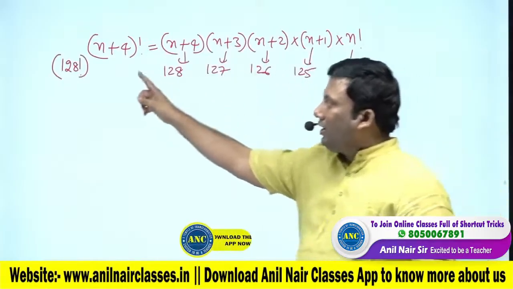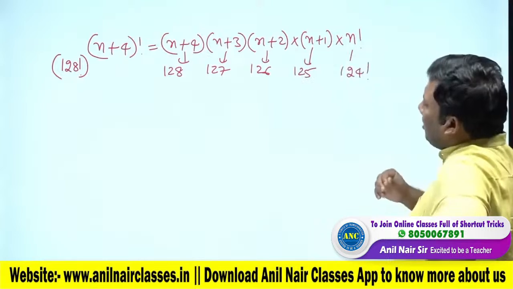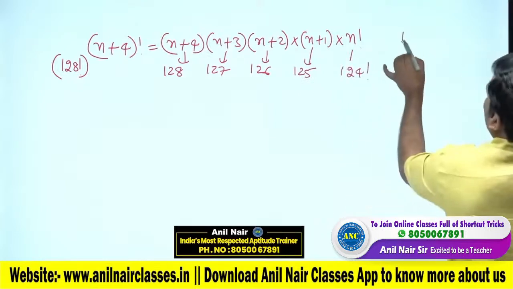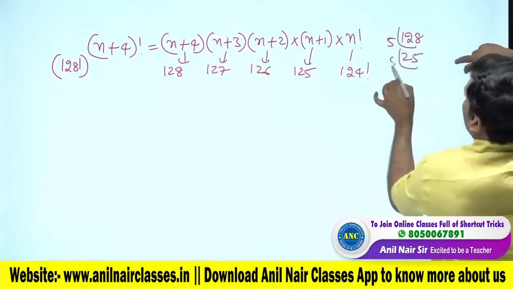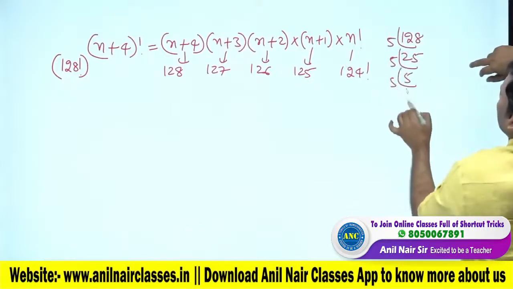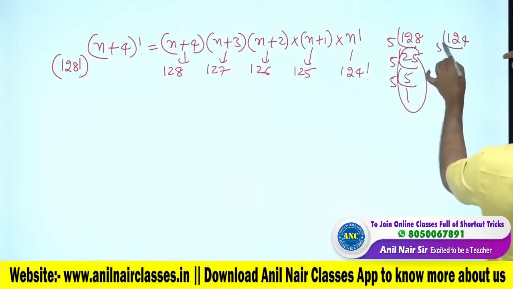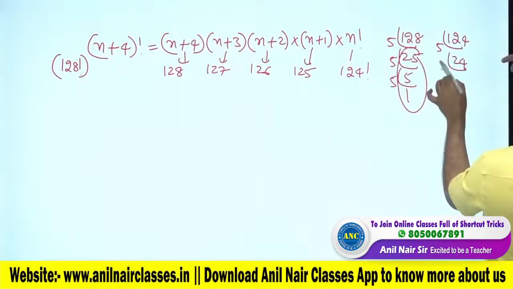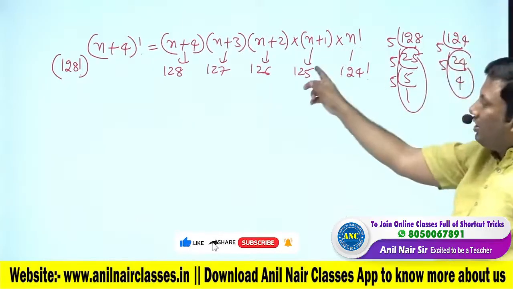Now see here. 128 factorial has 5 25s, 5 5s, 5 1s, so 31 zeros. 124 has 5 24s, 5 4s, so 28. So 3 extra zeros I got.